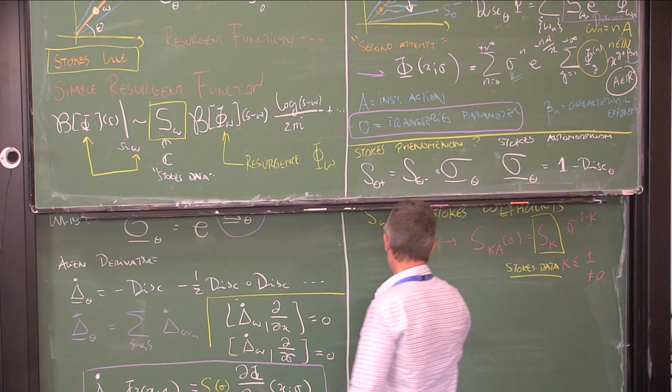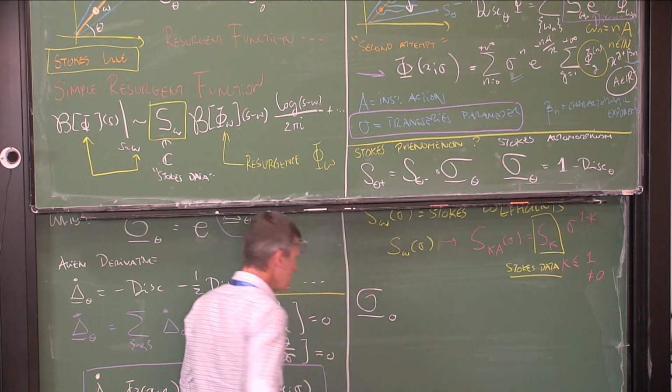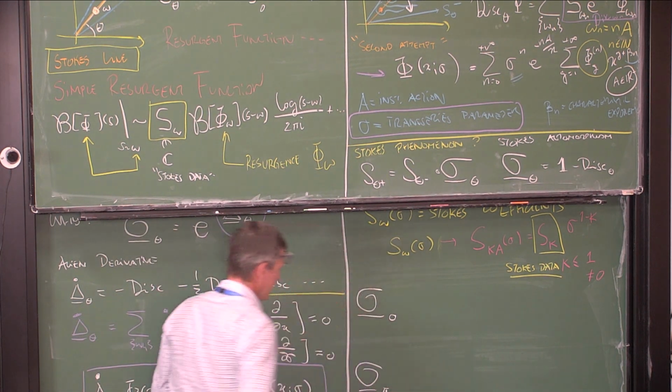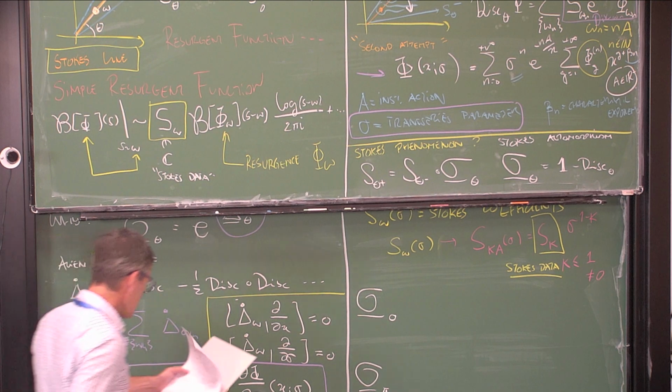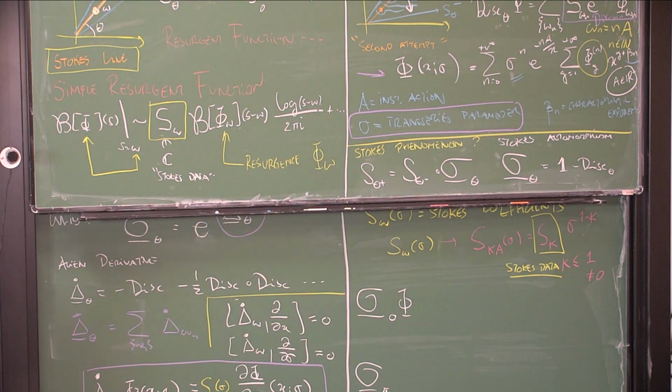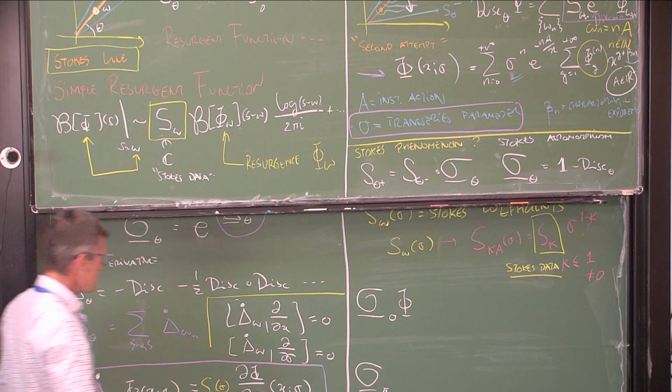I have a Stokes line along 0, and I have another one along pi. So what happens when I compute the action of the Stokes automorphism along 0 on my transseries?